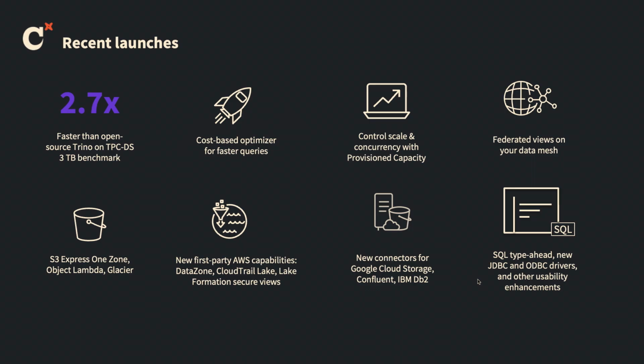These are some of the highlights of our recent launches. I think the one that we want to highlight the most every single time is we are 2.7x faster than open source. We have a blog out there on the techniques that we have used in order to get the performance improvement. Cost-based optimizer, I'm sure a lot of you would be aware of column and table statistics.